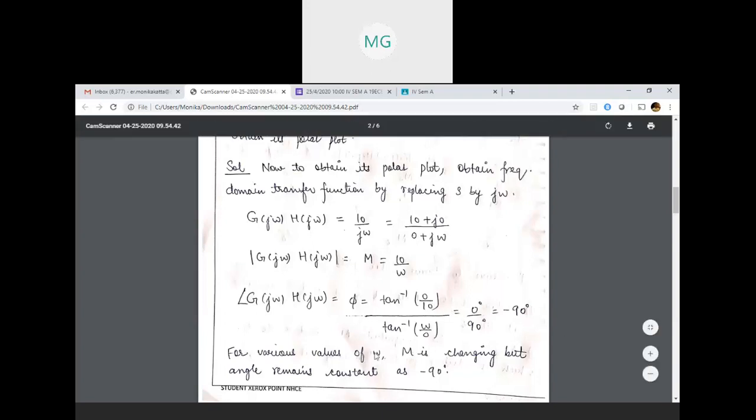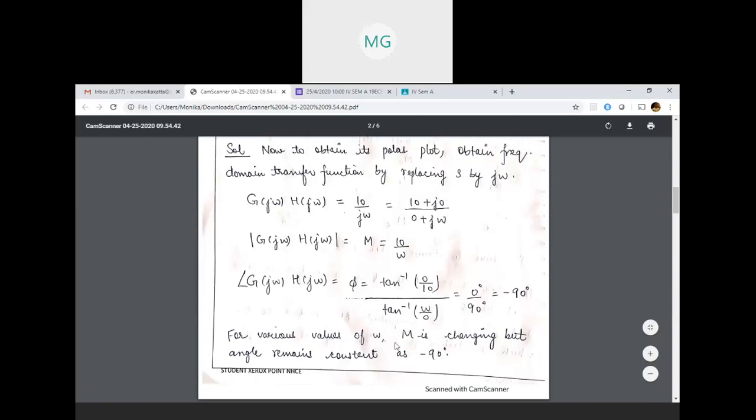So this minus 90 degree is clear, everyone. Since it is in the denominator, when you bring it back to the numerator you have to put a minus sign. Better you write it in numerator form and then write minus 90. For various values of omega, the magnitude M is changing, but the angle remains constant for this particular example, that is minus 90 degree.